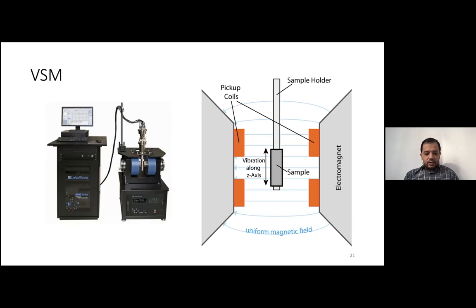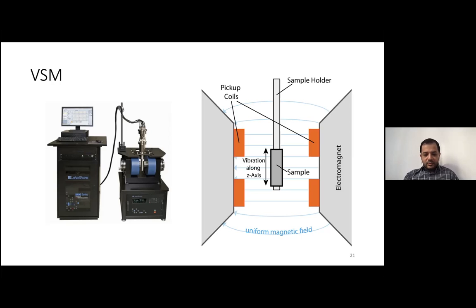One way is with a device called a vibrating sample magnetometer (VSM), and what it does is very simple. You put your sample at the tip of a rod. Usually, it's a glass rod, and the sample and a sample holder are attached to that glass rod. And you place it inside a giant magnet that goes from 0 to a few Tesla, I believe, and then goes back to 0 and back to a negative few Tesla.